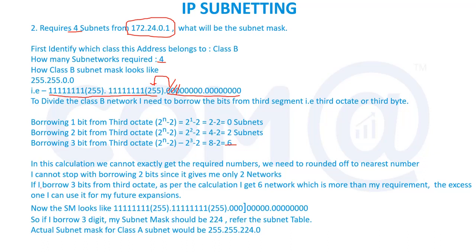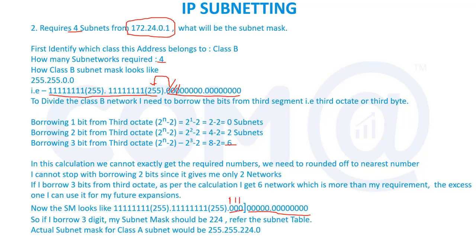Now, while writing the subnet mask, I'm borrowing 3 bits, so all these bits will turn into 1, becoming the network portion, and the rest is left untouched. Since I borrowed 3 bits, what is the subnet mask? It is 128, 192, 224. The table you have to remember: 128, 192, 224.